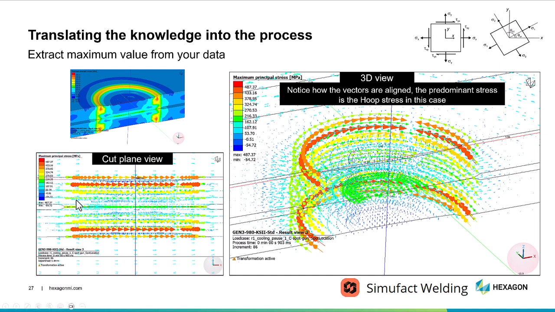First one, left bottom here, is a cutting plane through the center of the weld, just like this picture here at the top. And then to the right, what we're looking at is kind of an isometric view and how the stress is concentrated. You can see it tends to form rings around the weld, which are the red areas that we see here in the contour plot.